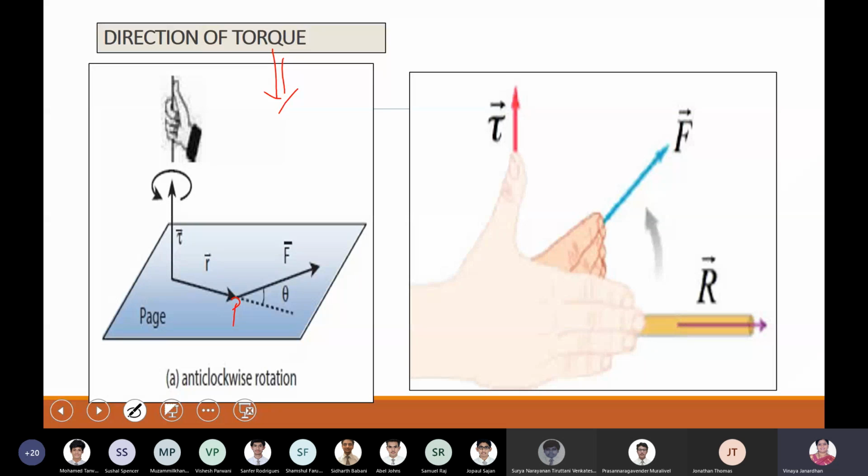What you need to do, boys, is stretch all the fingers of your right hand along the direction of the R vector.